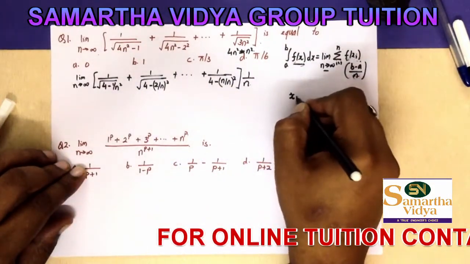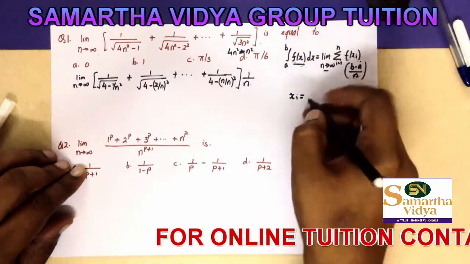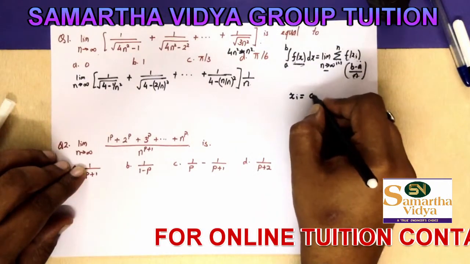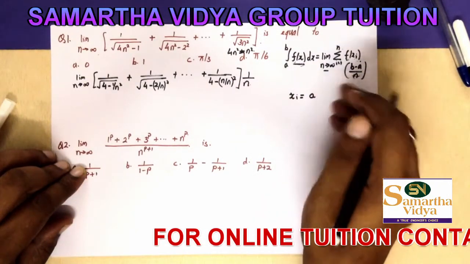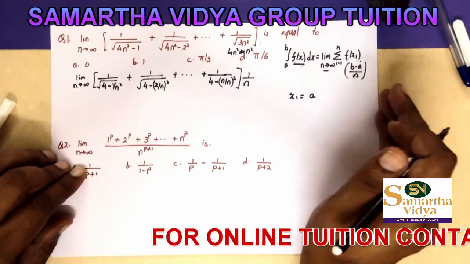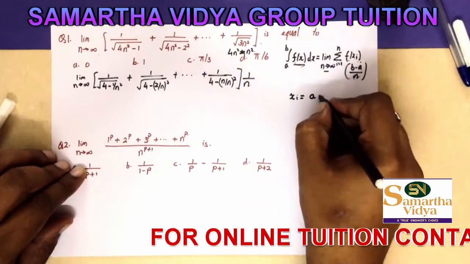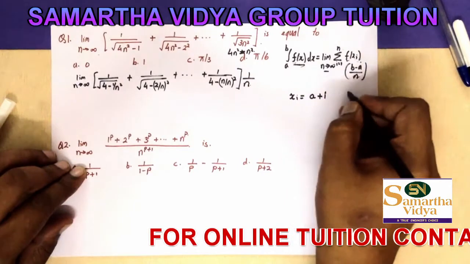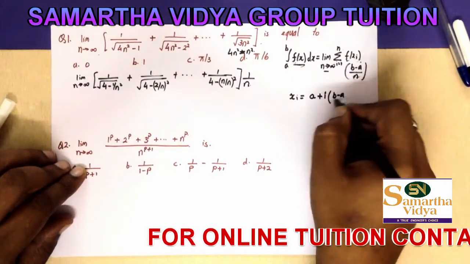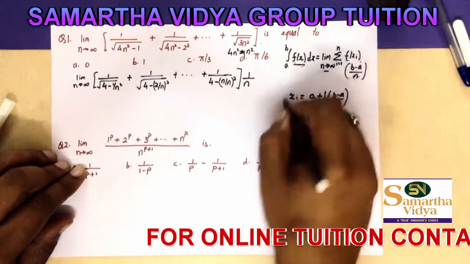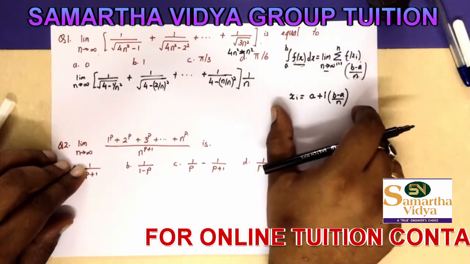So xi can be visualized as starting with the first value as a, and then it is going to go on increasing as it goes ahead. So it's going to be plus i, the incremental value, which is (b minus a) by n. So it will be of this particular form.